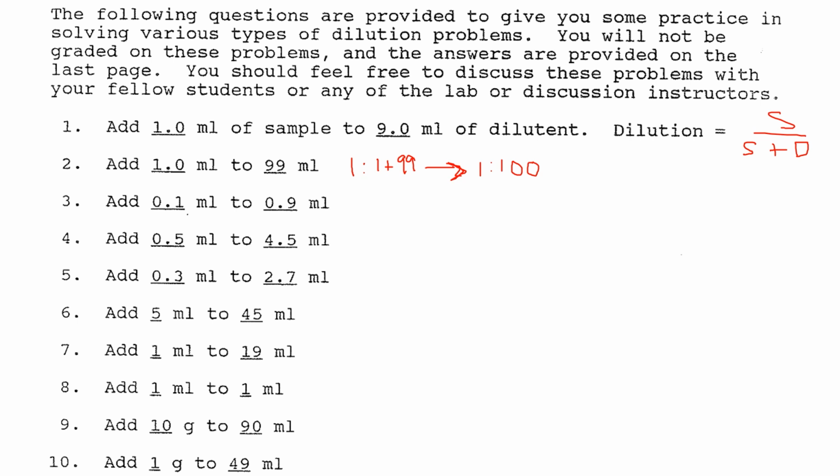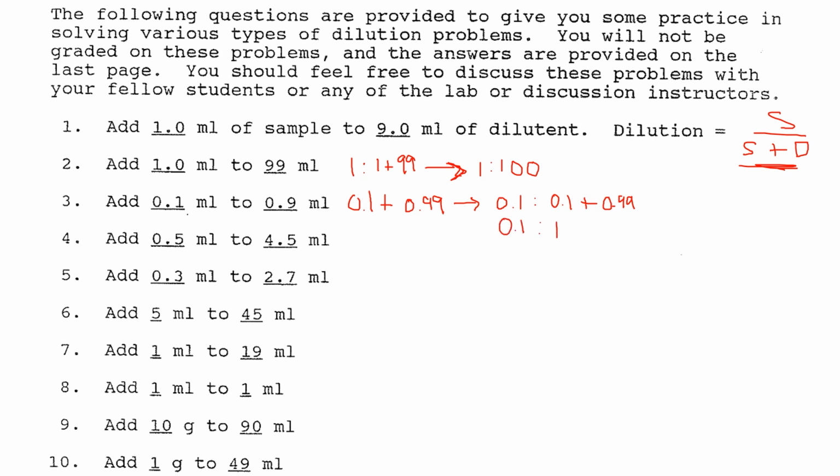Okay, problem 3. This one might be a little tricky because it's in decimal form: 0.1 plus 0.99. Following our formula, we're doing 0.1 over 0.1 plus 0.99, so that is 0.1 to 1.